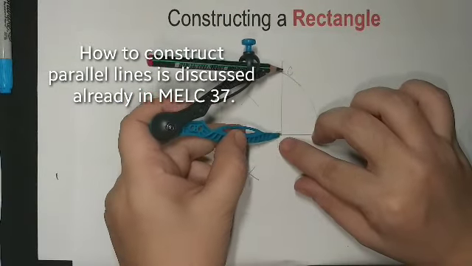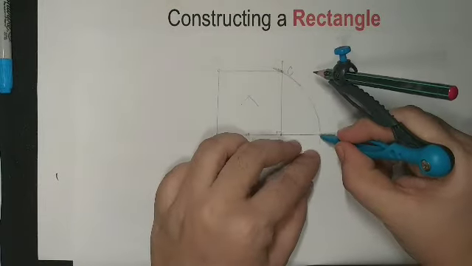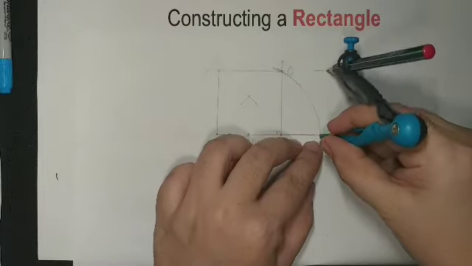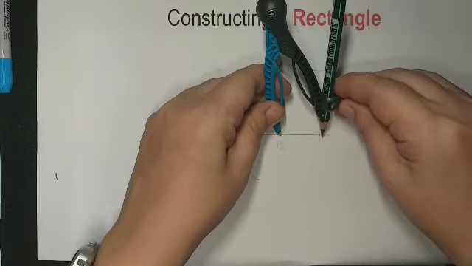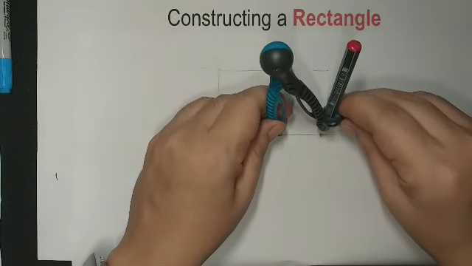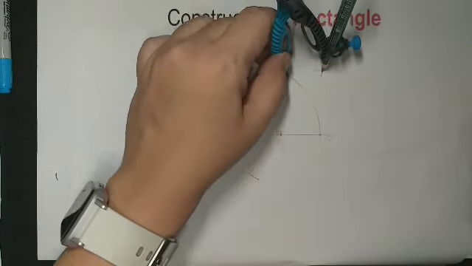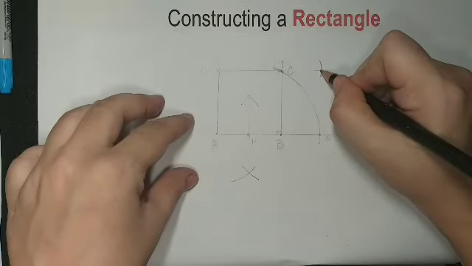Now with this same measure of BC, let's use this length with Q as our center. Let's create an arc somewhere here, and then let's adjust our compass to fit the measure of segment BQ. Okay, BQ is this big, and then let's draw an arc with C as the center. Draw an arc here to form an intersecting arc with the first arc, and this point of intersection will be the next point.